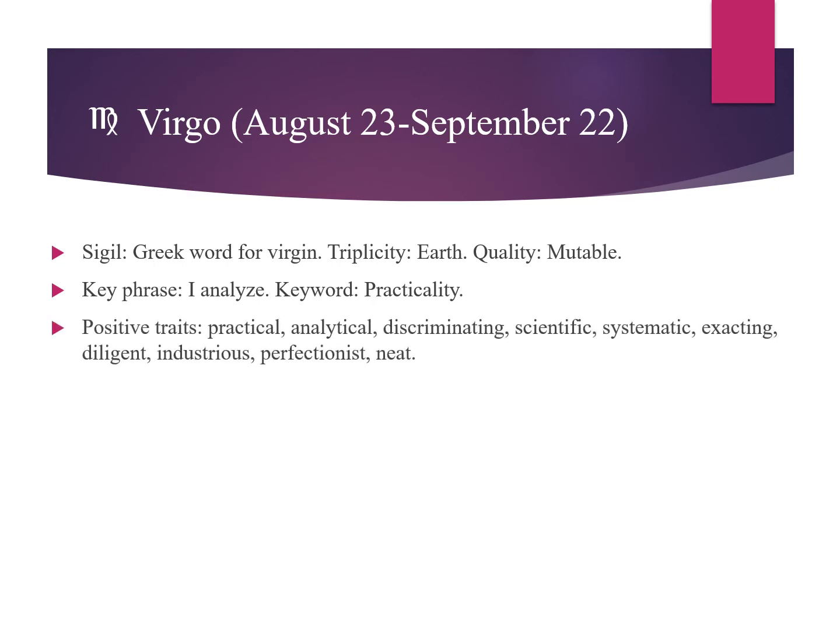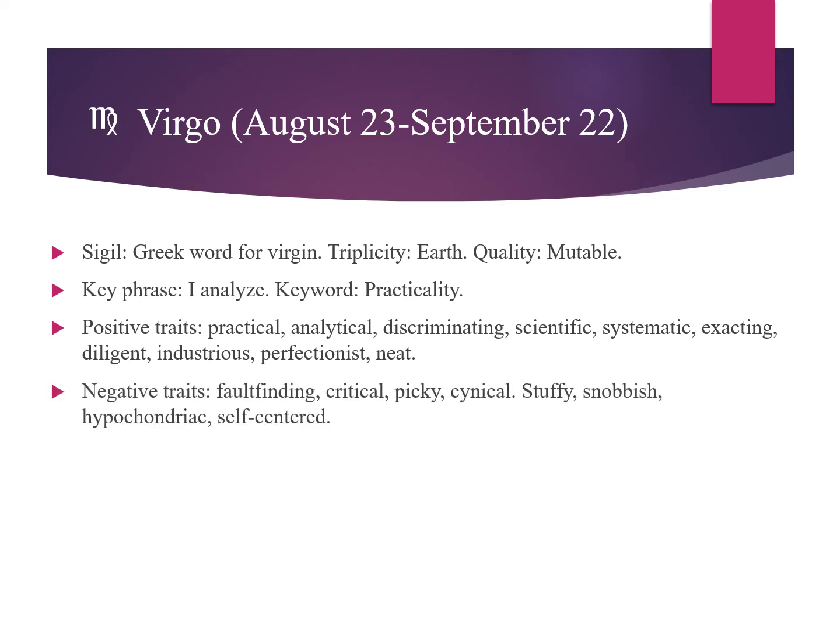Positive traits for Virgo include practical, analytical, discriminating, scientific, systematic, exacting, diligent, industrious, perfectionist, and neat. Negative traits include fault-finding, being critical, being picky, being cynical, stuffy, being snobbish, being a hypochondriac, and being self-centered.